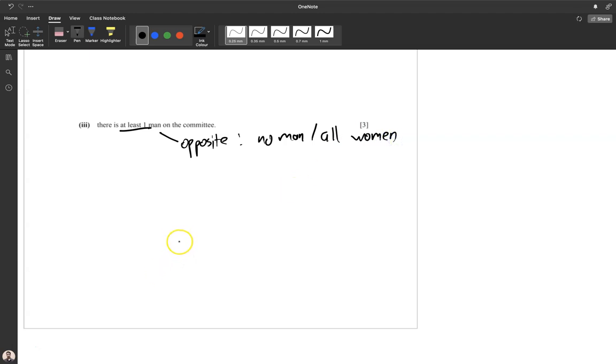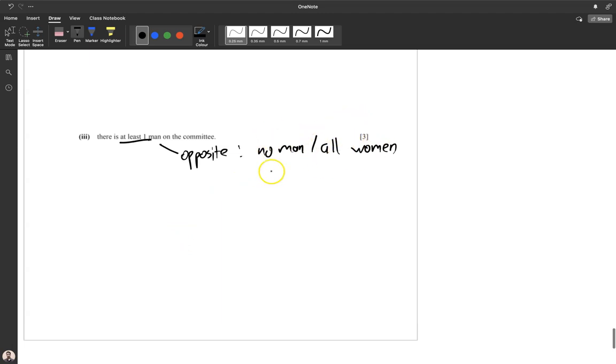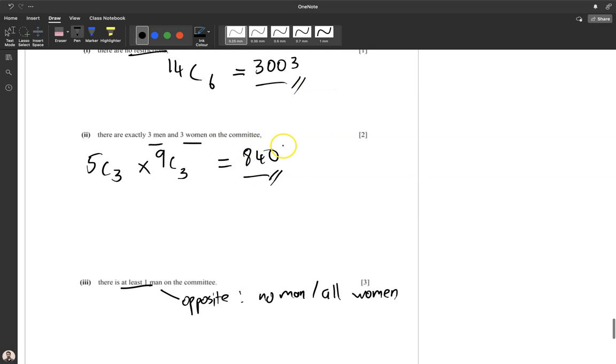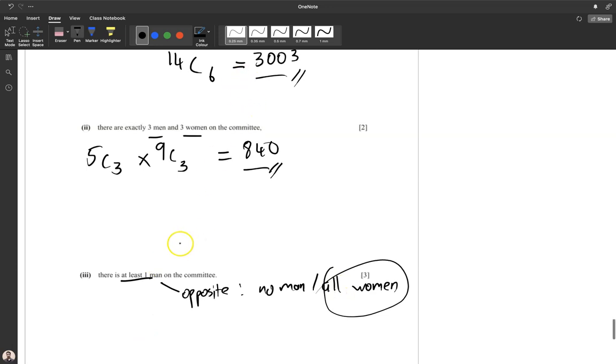So what we can do is calculate the different ways of all women, and then subtract that from the total, because everything else will have a man except for the situation where everyone is a woman.